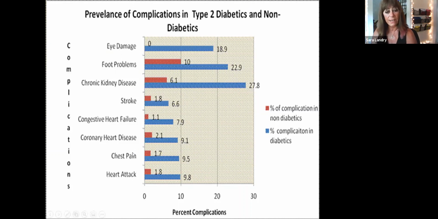And you can go on down the list here. You can see that down the bottom, heart attack, the average aging population, 1.8% of us may have a heart attack. But if you have type 2 diabetes, you increase the odds that you're going to have a heart attack. So the big issue for a type 2 diabetic is complications.